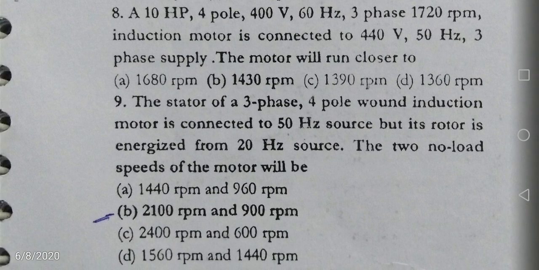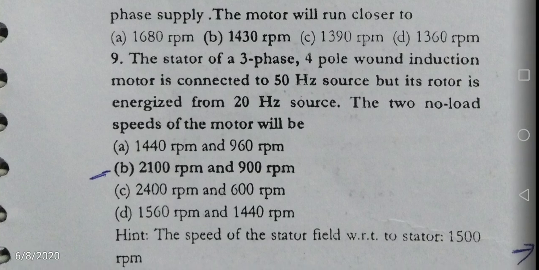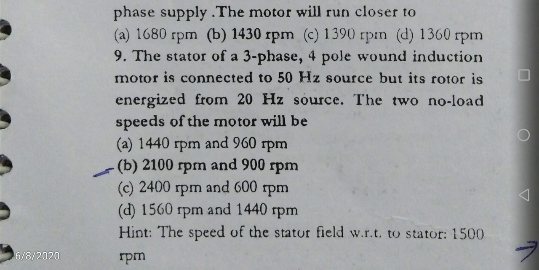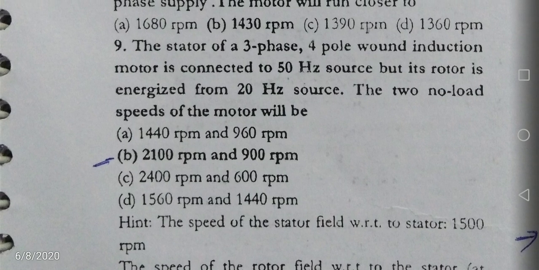The stator of a 3 phase 4 pole wound induction motor is connected to a 50 Hz source, but its rotor is energized from a 20 Hz source. The two no load speeds of the motor will be?